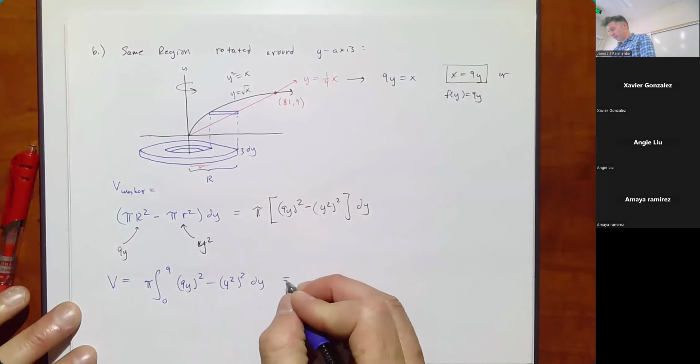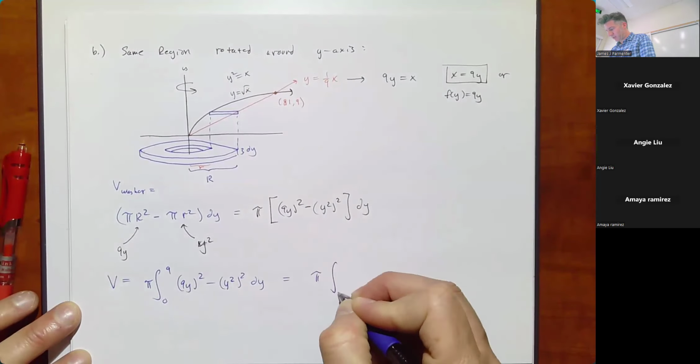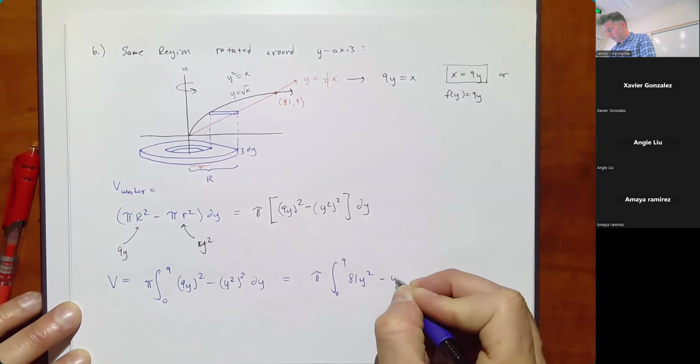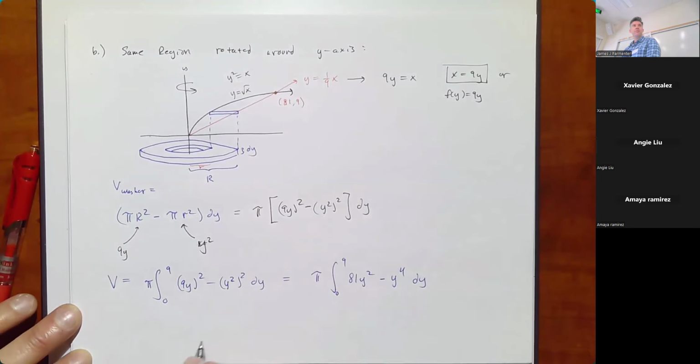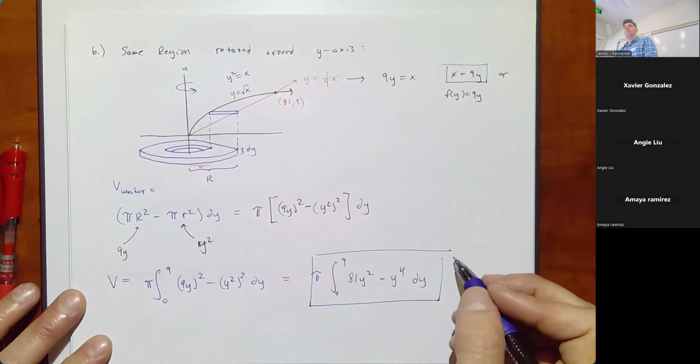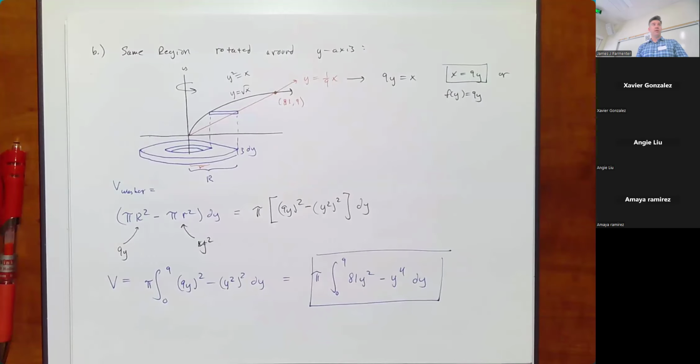But if you do simplify it, it's going to look like pi times the integral from 0 to 9 of 81y squared minus y to the 4th dy. Which again, the numbers are not nice, but it's a relatively straightforward integral. Power rule, plug in your limits of integration, done.